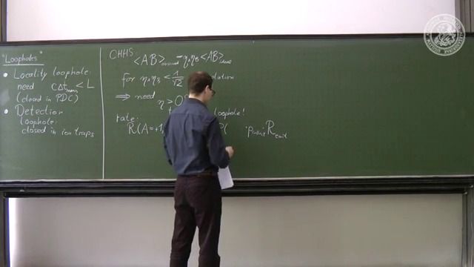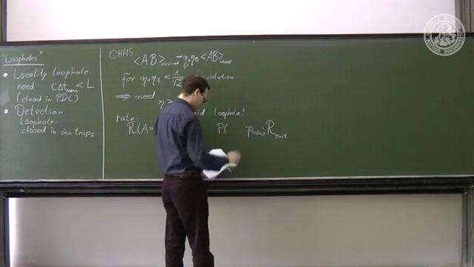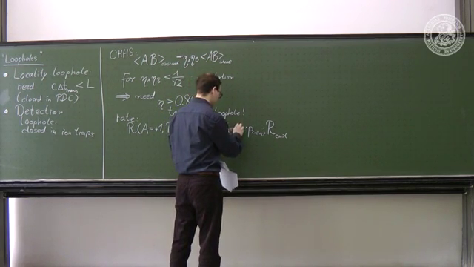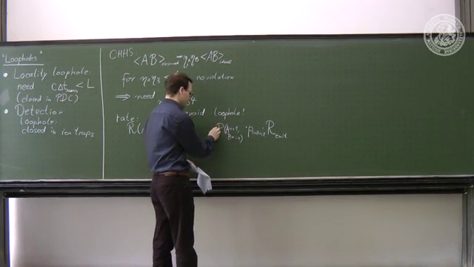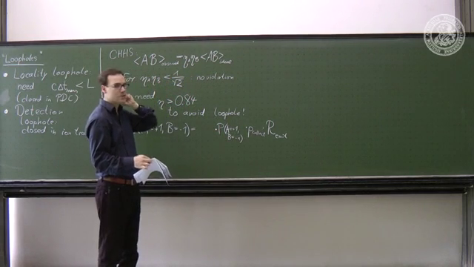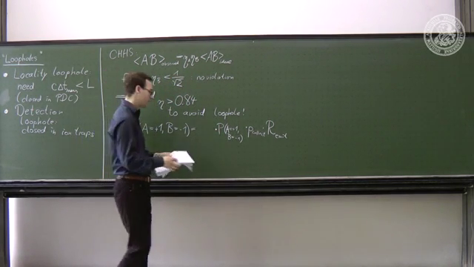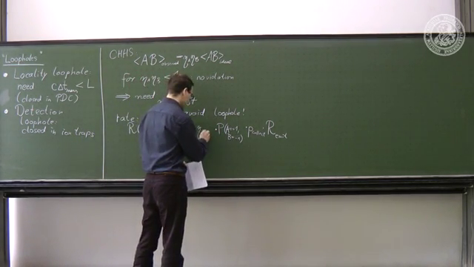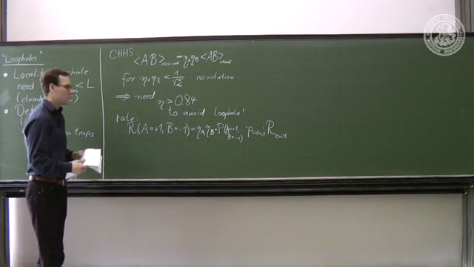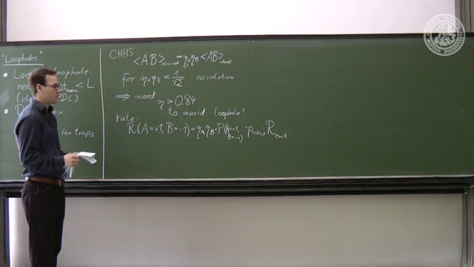So here you would insert your actual probability as calculated from the local hidden variable theory to obtain A equals +1 and B equals -1. And then you still have to multiply it by these detection efficiencies, so eta A and eta B. Okay, so that is probably the naive formula you would write down.